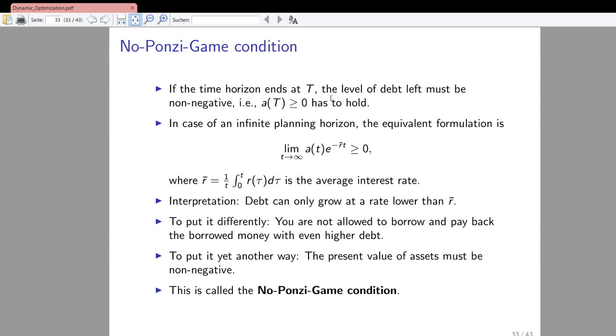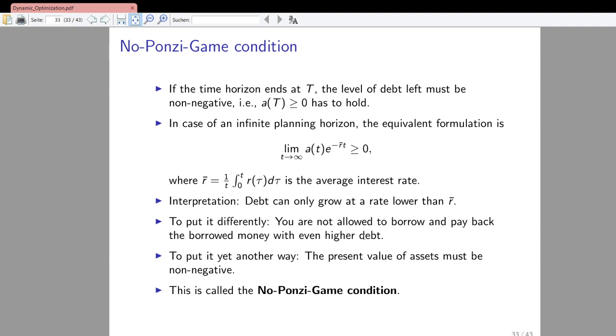In case of an infinite planning horizon, the equivalent formulation is that the limit as time goes to infinity of assets at time t multiplied by the discount factor over the whole time span must be non-negative, where the discount rate over the whole time span is the average interest rate given by 1 over t times the integral over all interest rates from time 0 to time t integrated over tau, basically.